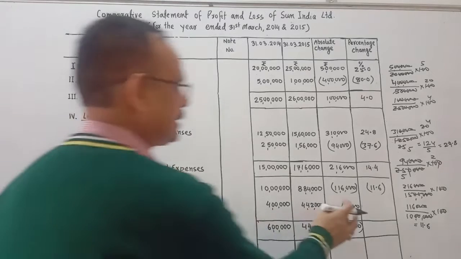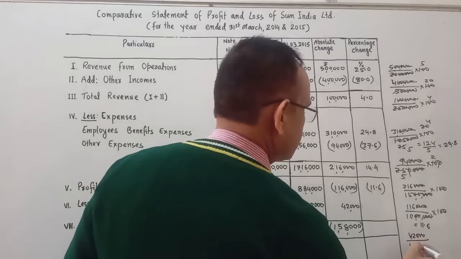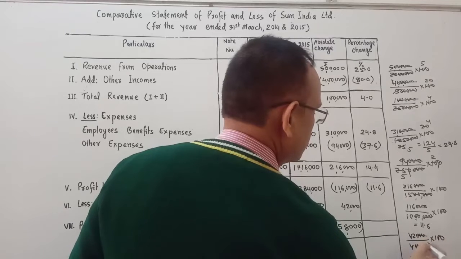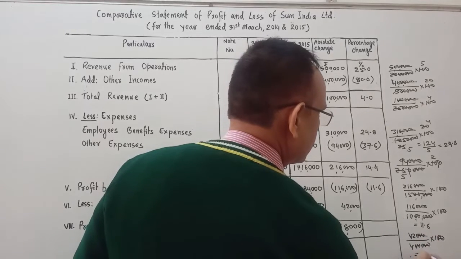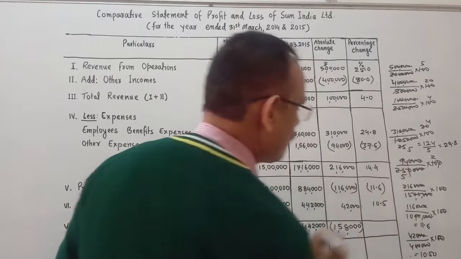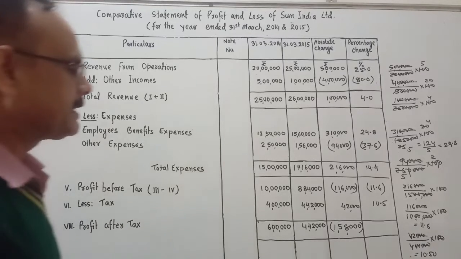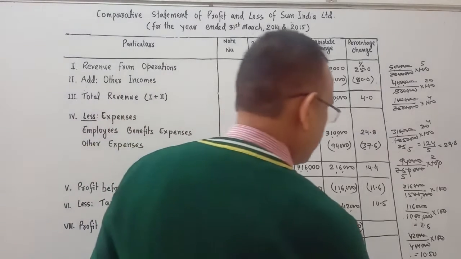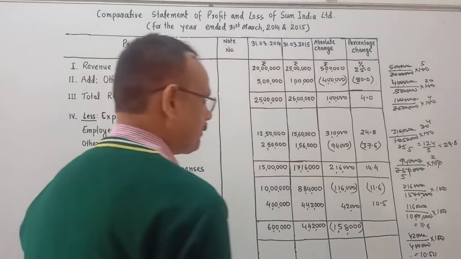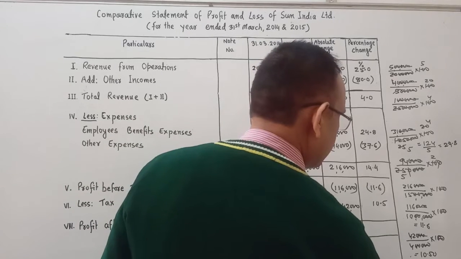Now next is 42,000 absolute change upon the previous year 4 lakhs into 100. So it is 10.5. Next, and the last, 1,58,000 absolute change in profit after tax, and the previous year is 6 lakhs into 100.